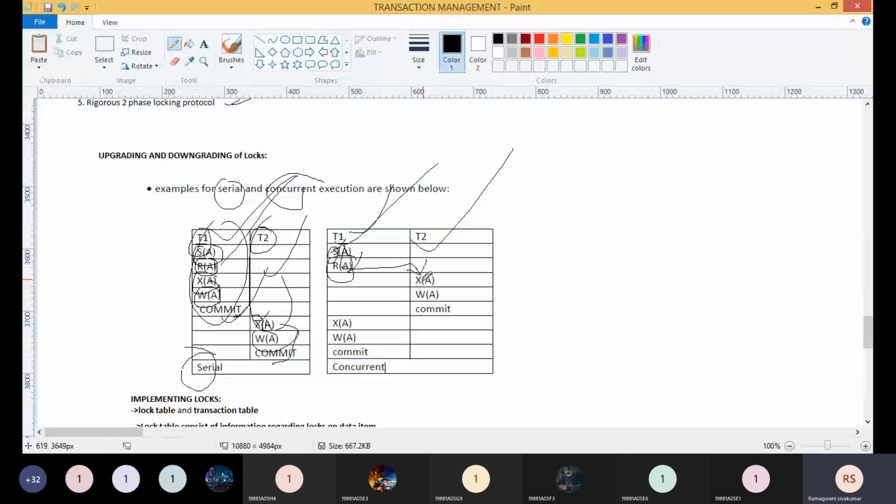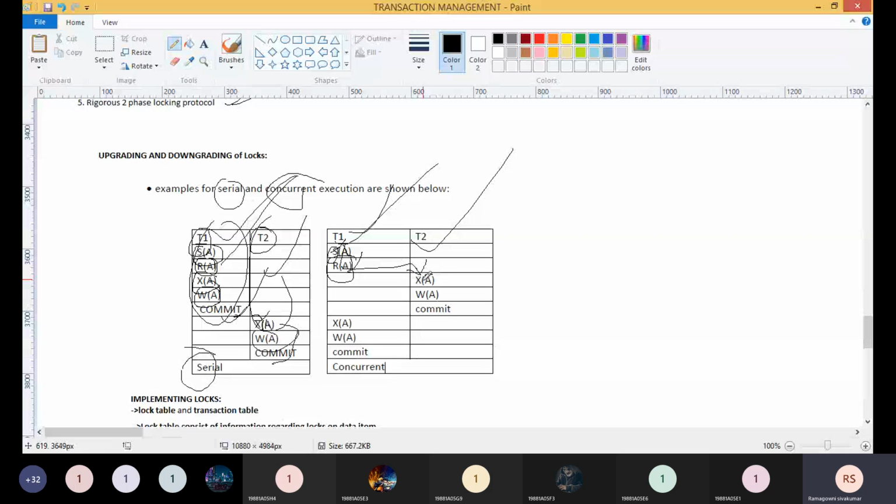See here, implementing locks. The system maintains a lock manager, which maintains two tables called the lock table and the transaction table.